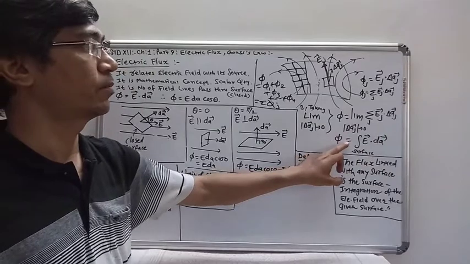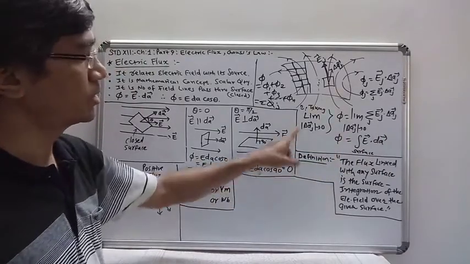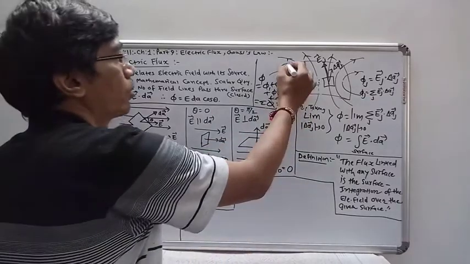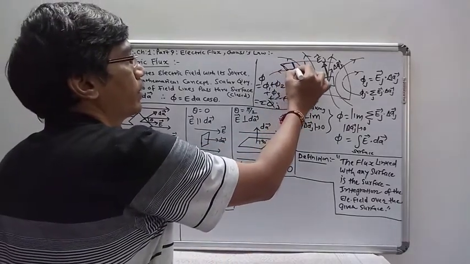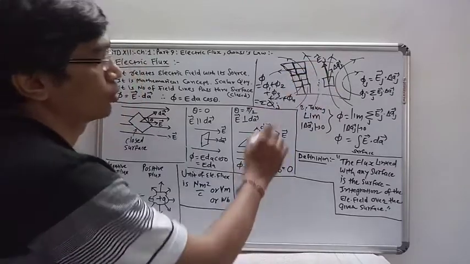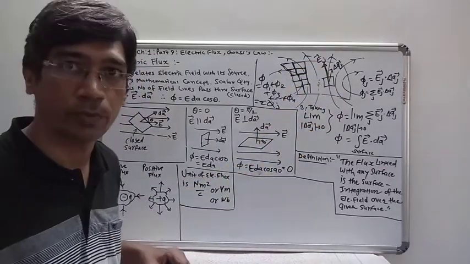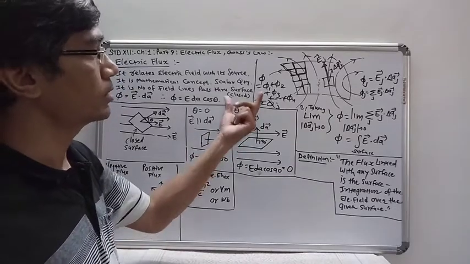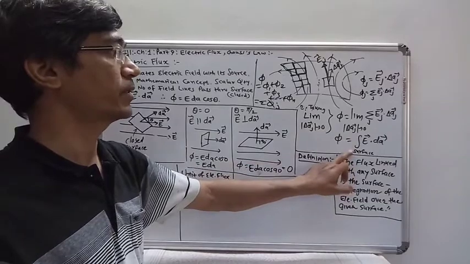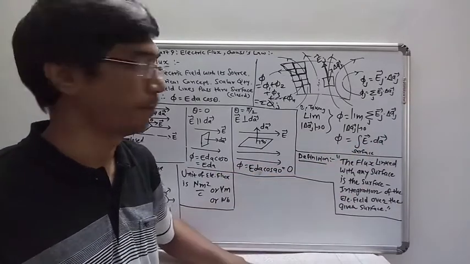So flux is given by integration. This summation is converted into integration because we are taking unit areas, and this is a continuous distribution of charge. We can say the charges are in symmetry. So flux is given by the surface integral of E dot dA.